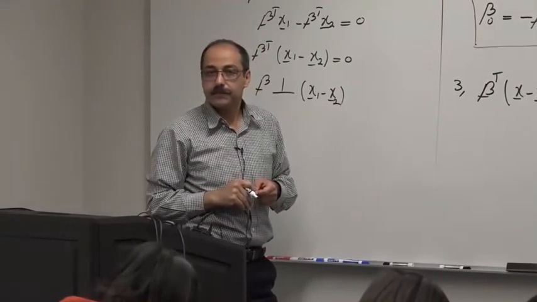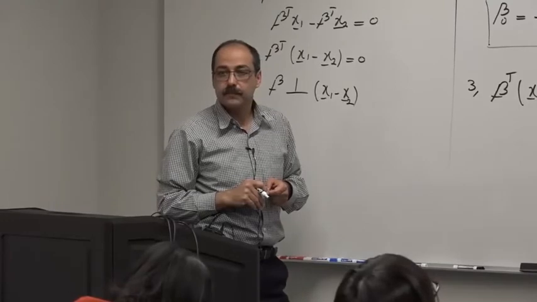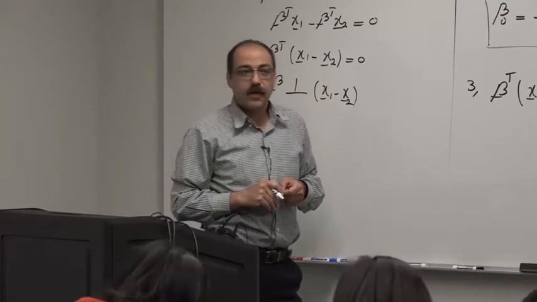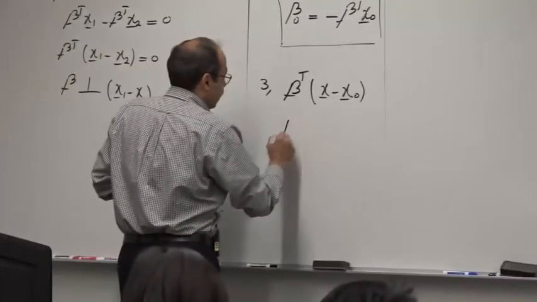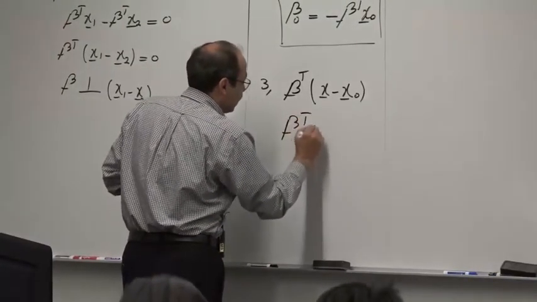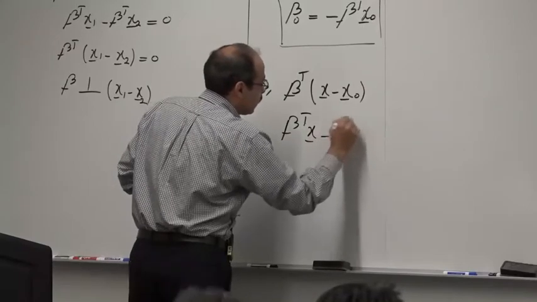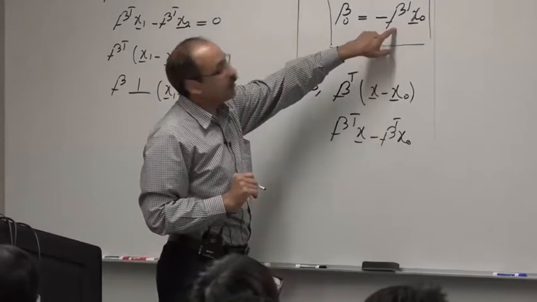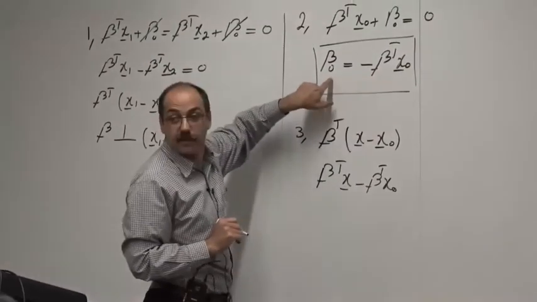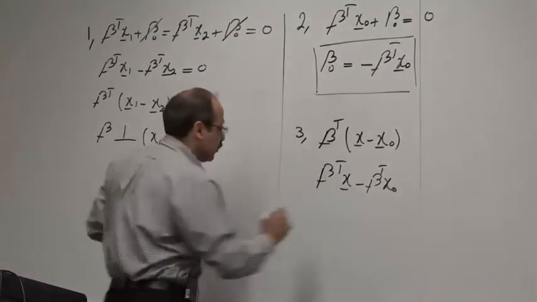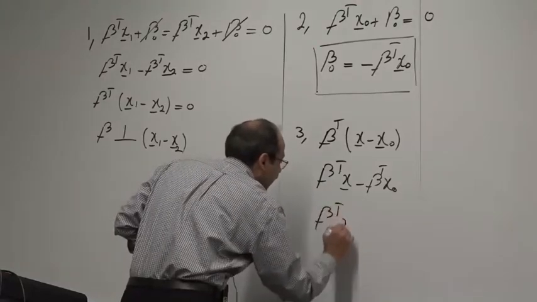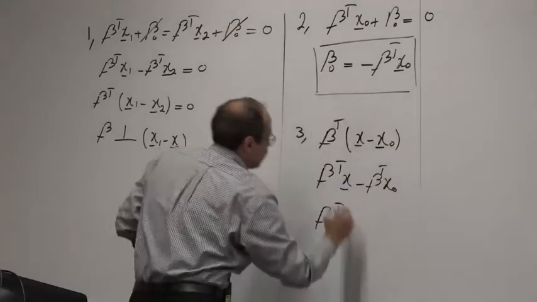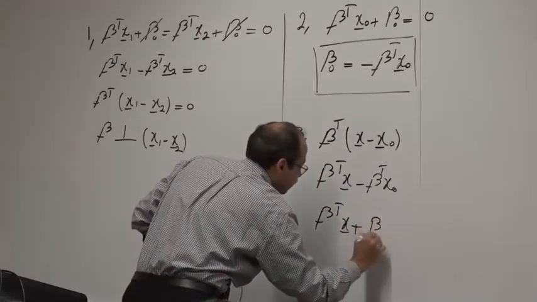Okay? Does it make sense? Okay. So beta transpose x minus beta transpose x null. Minus beta transpose x null is beta null. So beta transpose x, negative beta transpose x null is beta null plus beta null.